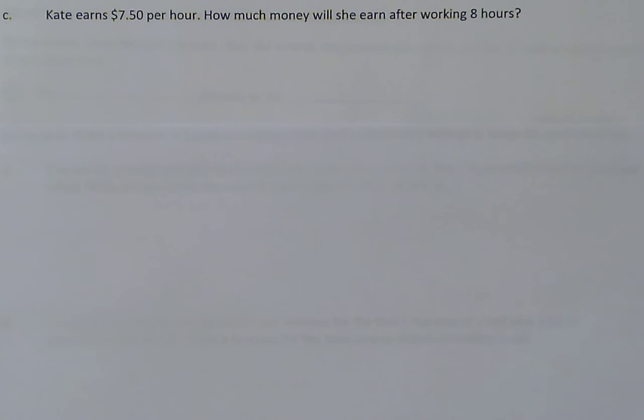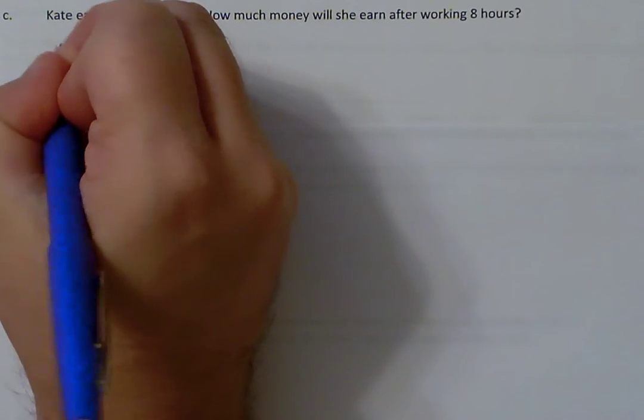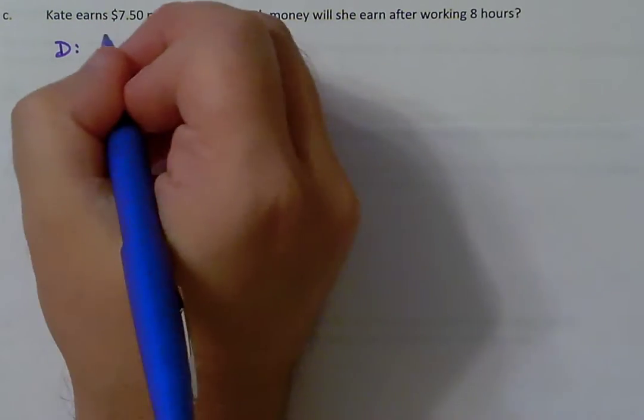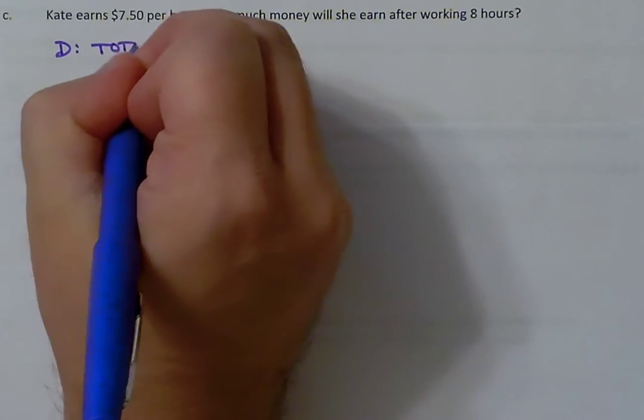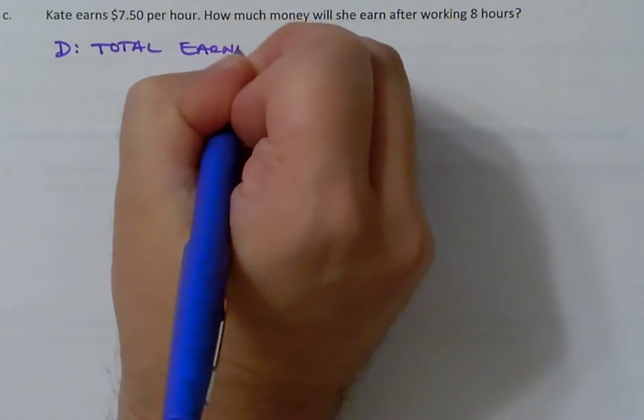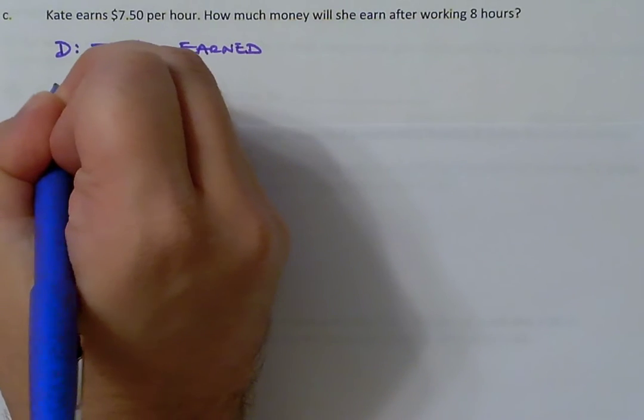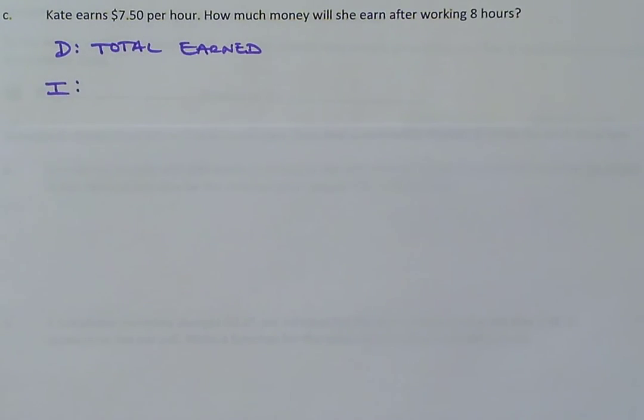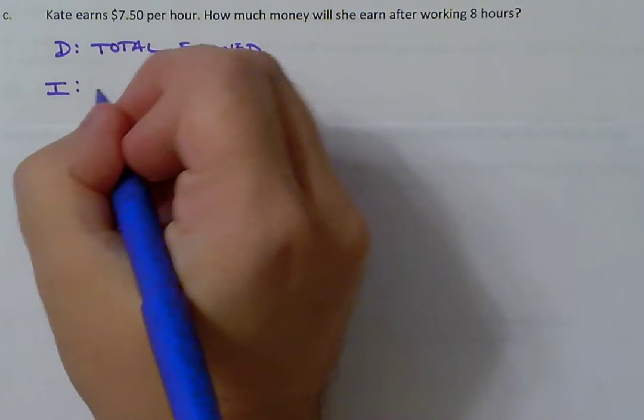You would identify your dependent and independent, write your function, and then plug in 8 to figure out how much it is. To give you a bit of guidance for this one, my dependent is the total she earns for working, and my independent is going to be the number of hours she worked.